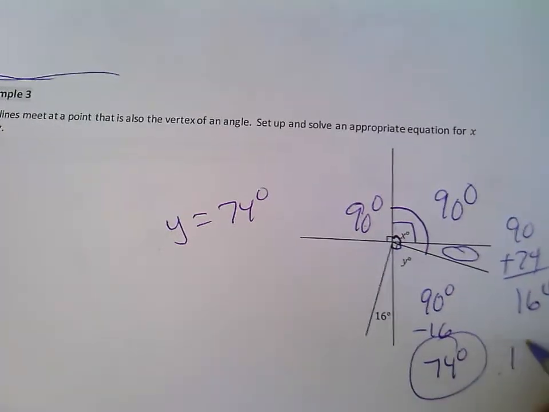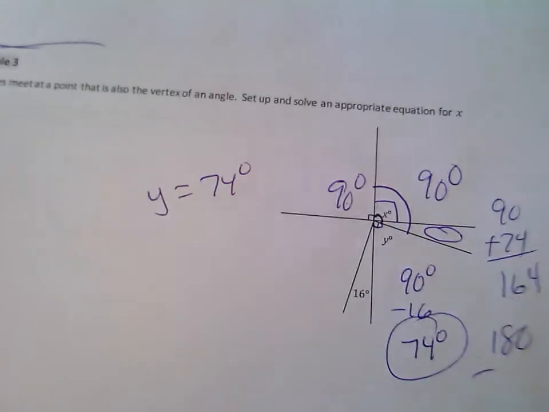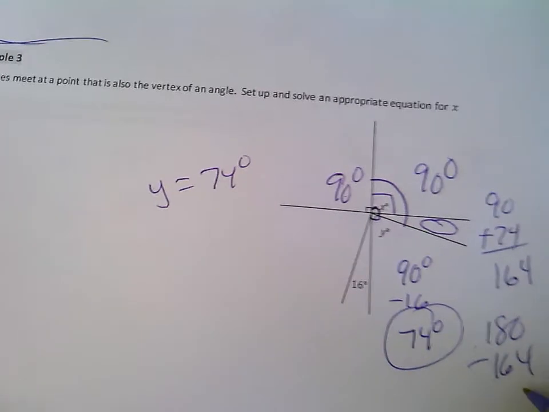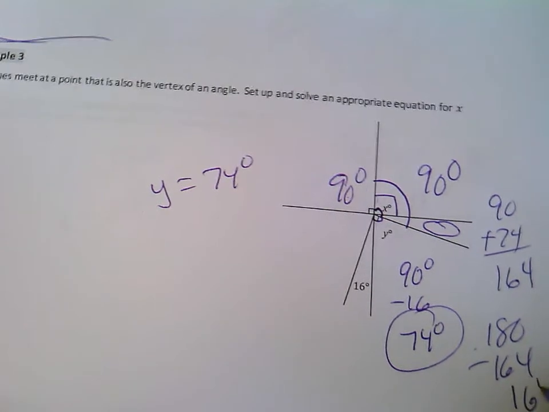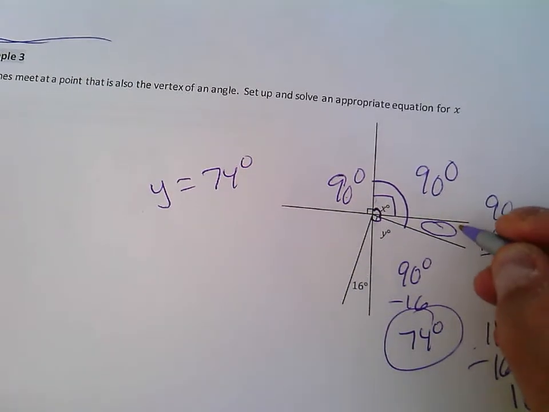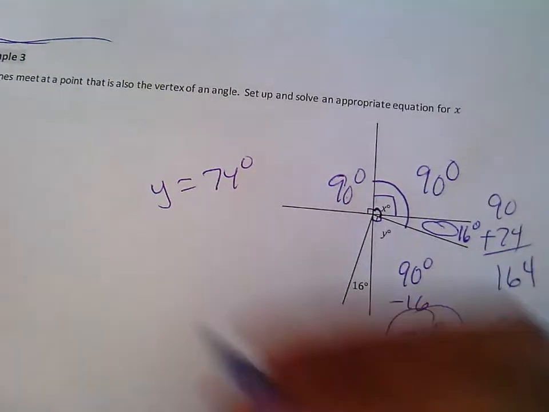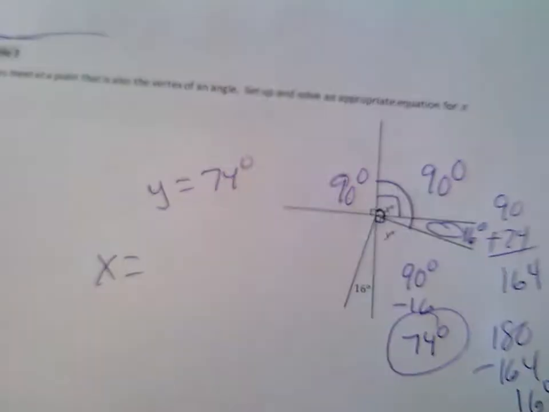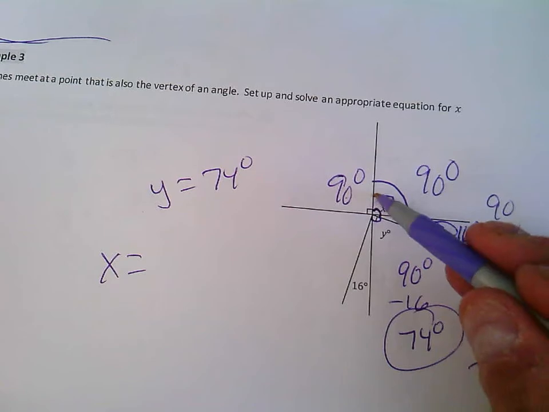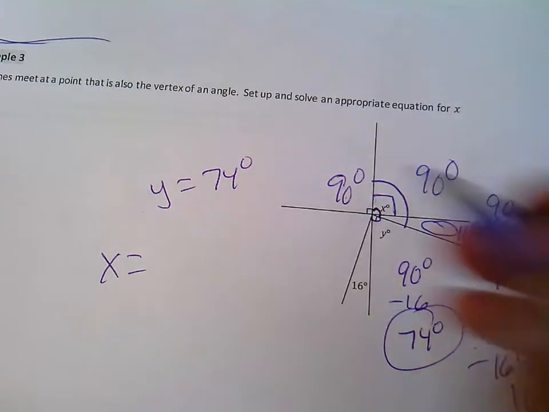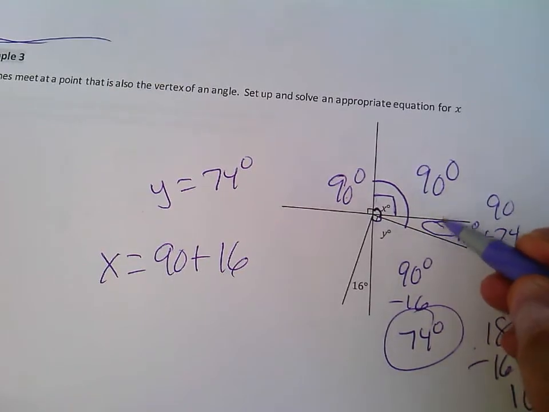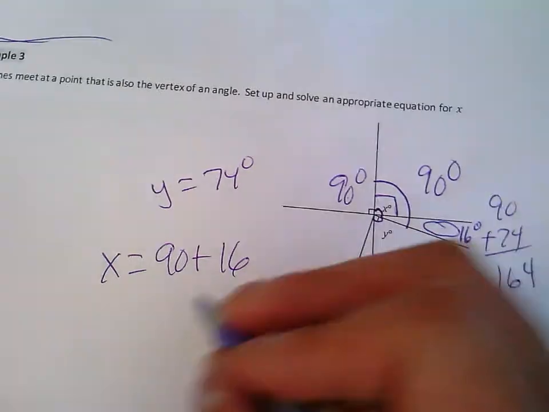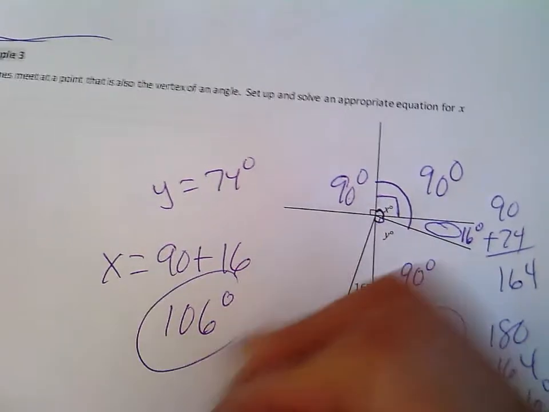Okay, so if I take 180 minus 164, you get 16 degrees. So this angle is 16 degrees, and so that means that x is going to be equal to the 90 degrees that go from here to there, plus the 16 degrees that this angle here is. So we get 106. Right?